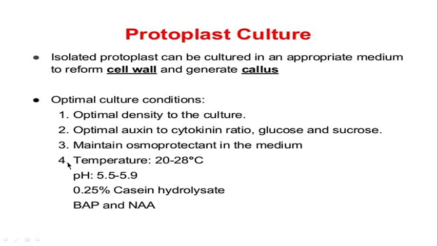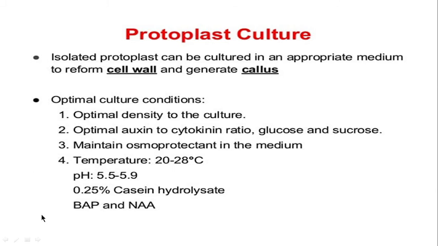Osmoprotectant medium, that is hypertonic solution, is used. Temperature should be maintained at 20 to 28 degrees Celsius. pH of 5.5 to 5.9 should be maintained, and 2.5% casein hydrolysate, and naphthalene acetic acid, which is also a growth hormone. BAP is a growth hormone. These are added in the culture.